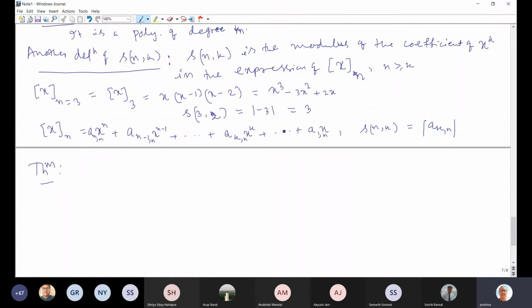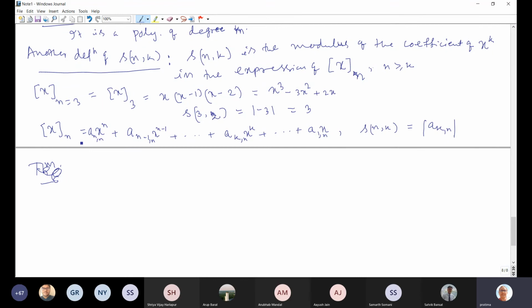So for the reverse thing, can we express x to the power n? I mean, here we write the falling factorial x^(n) in terms of powers of x.